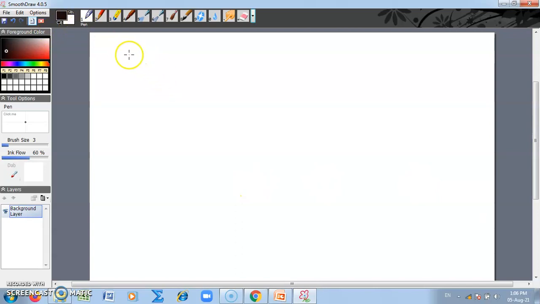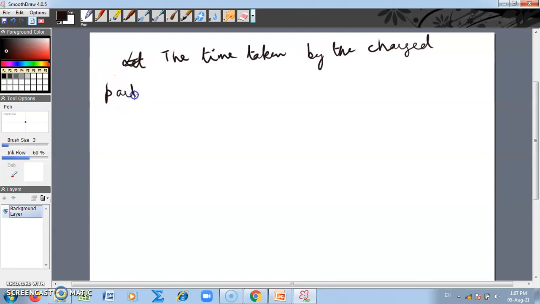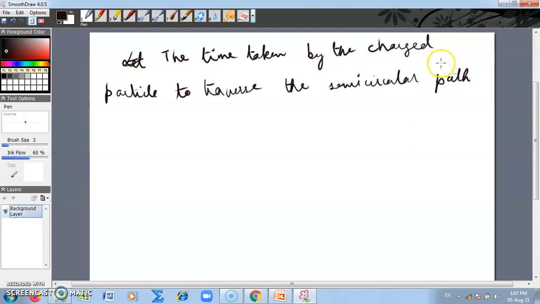Okay, so the time taken by the charged particle to traverse the semicircular path must be equal to the t.